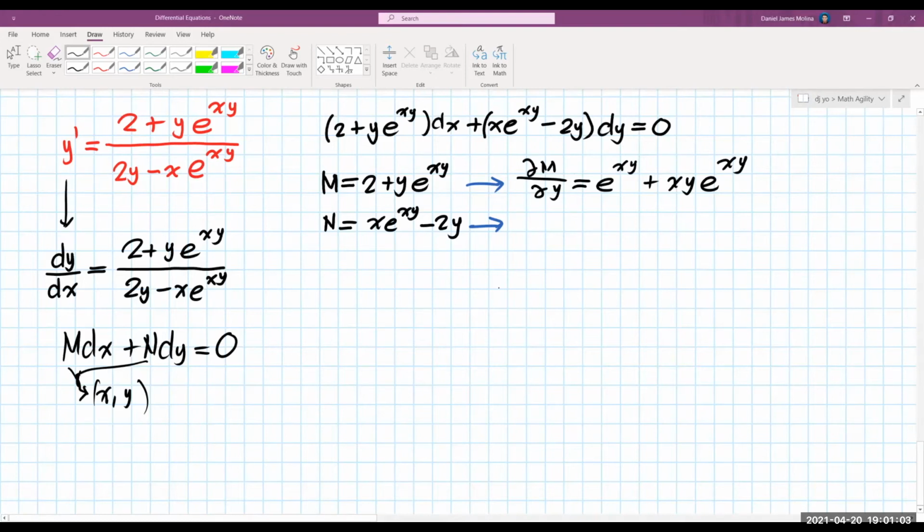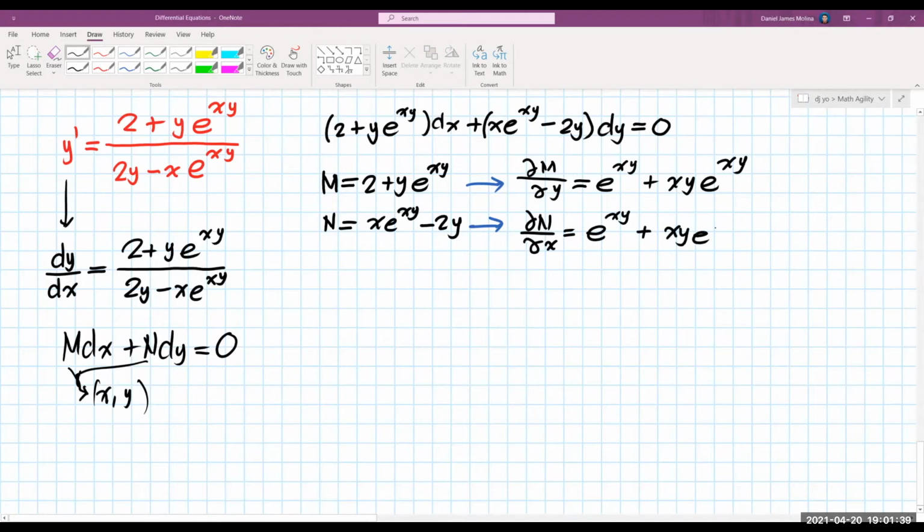Similarly for N, we take its partial derivative, but this time with respect to x, since it is paired with dy. The partial derivative is e raised to xy plus xy e raised to xy, using the product rule for the first term. Oops, I forgot to write xy here.